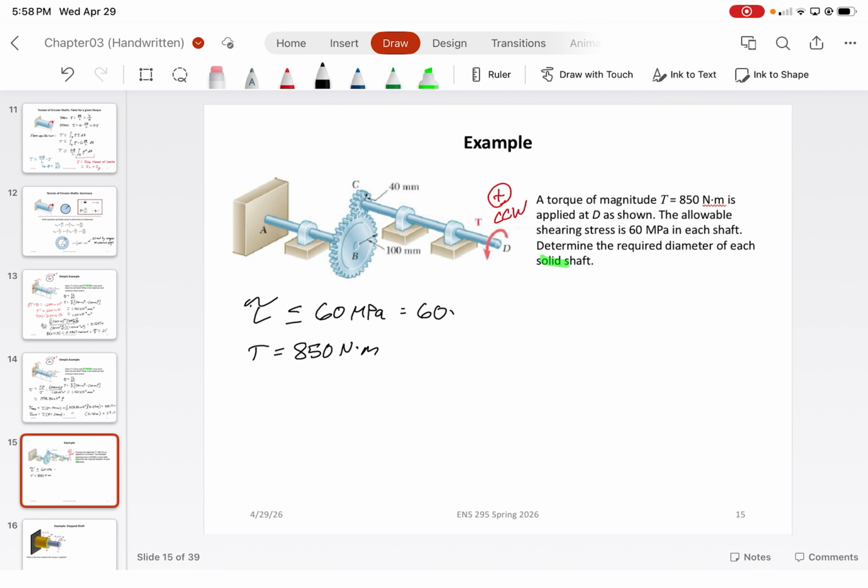This is the same as saying 60 times 10 to the 6 newtons per meter squared. And we're asked to determine the required diameter of each solid shaft. The first shaft is going to be this rod here, CD. So let's solve for CD first.